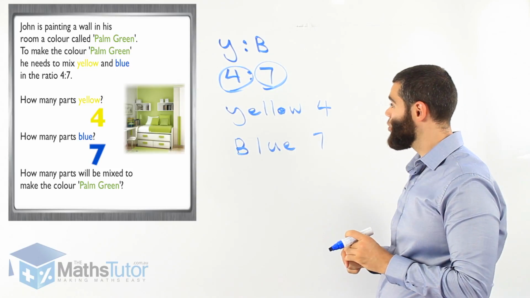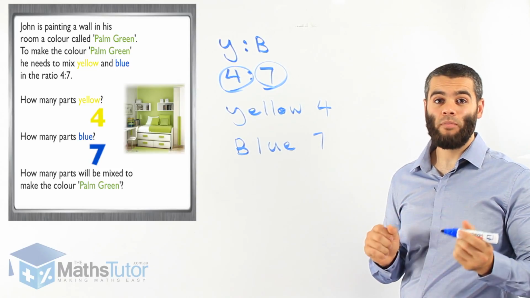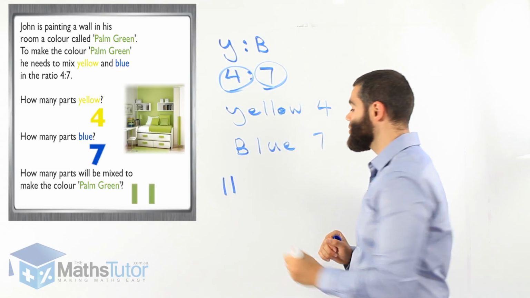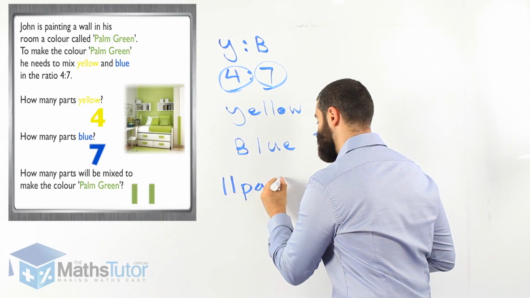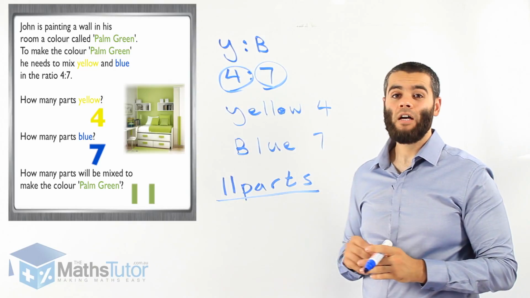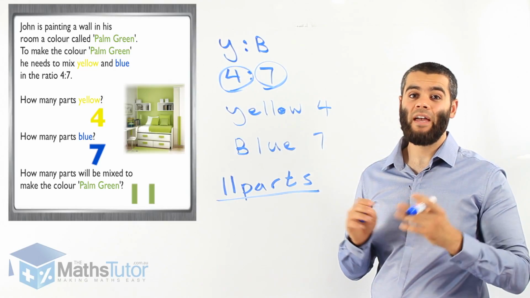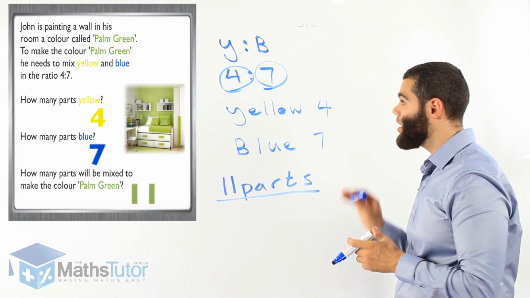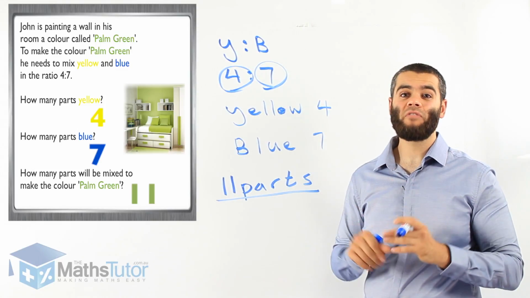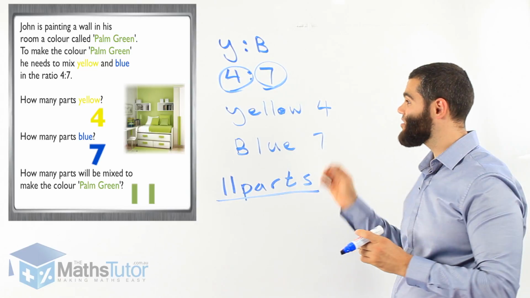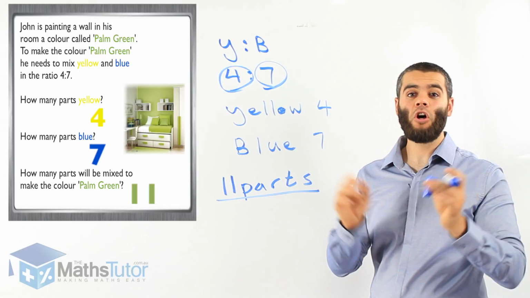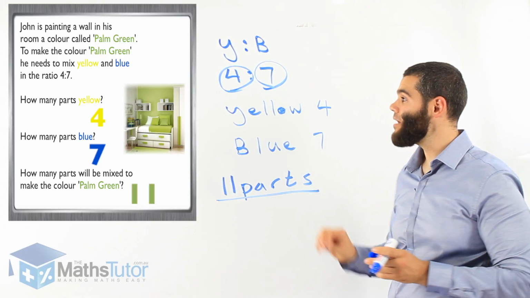Well, we know there are 4 yellow and 7 blue. Altogether, there are 11 parts that will make the color palm green mixed together. So 4 parts yellow and 7 parts blue. This is ratios to mix a color. In this case, we have 4 parts, 7 parts, which make in total 11 parts to make the color palm green.